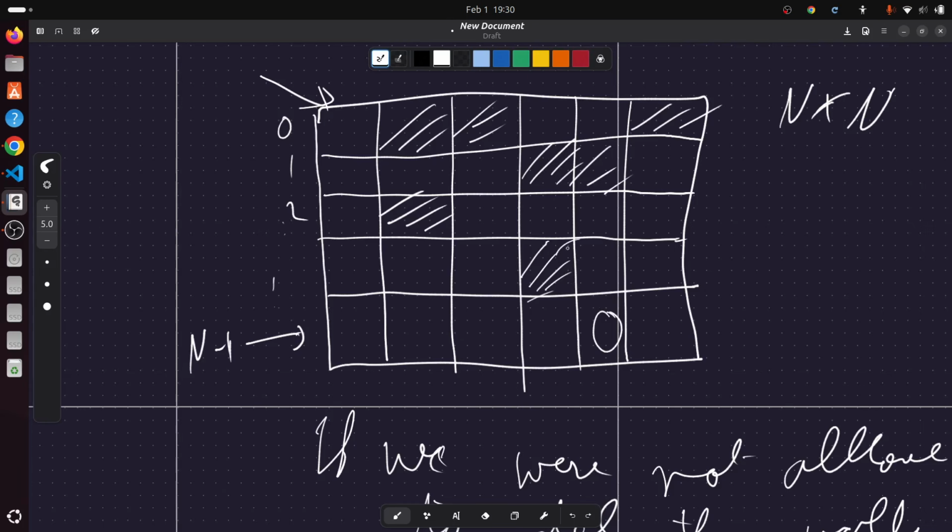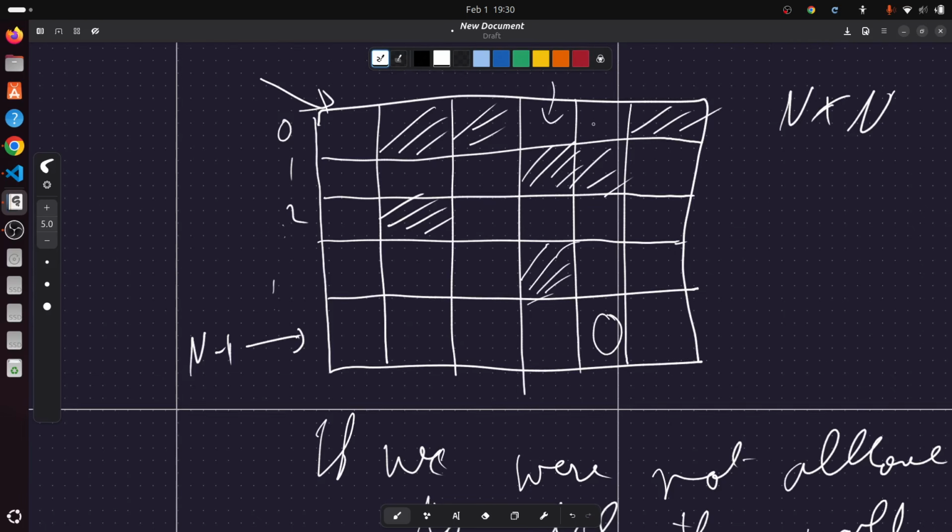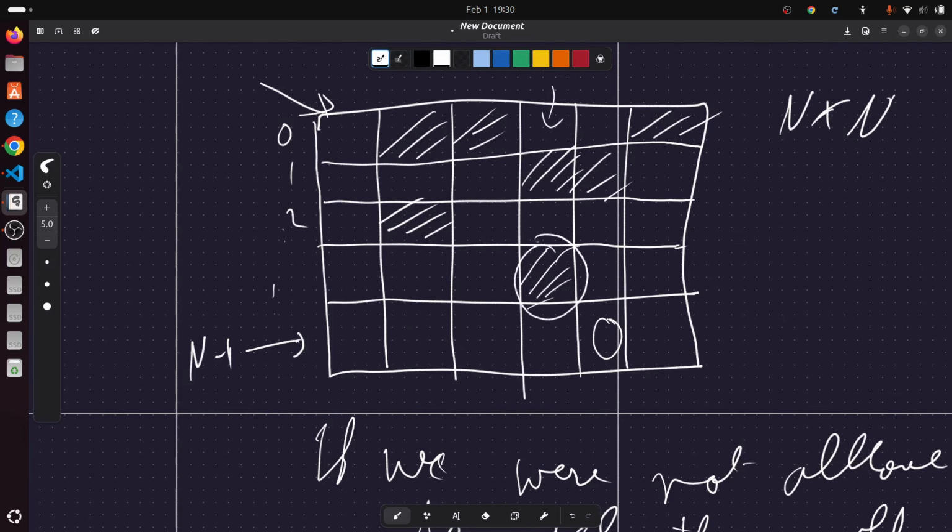And why is that? It is because this wall is the lowest wall in this column. Since this wall is the lowest wall in this column, it is definitely breakable, right? So actually we can do a BFS here as well. We can go here also in a BFS. But what about this? What if we are here and we try to go upwards?